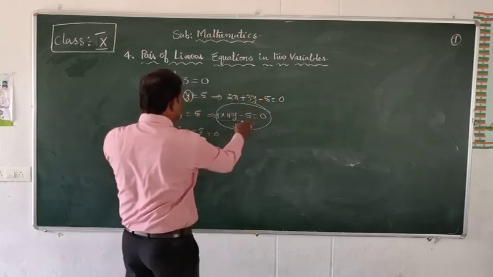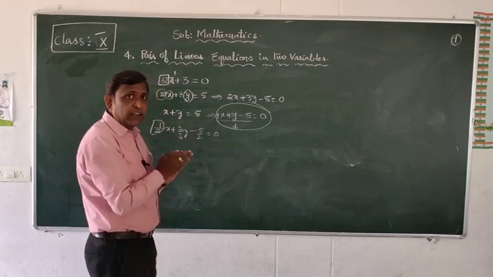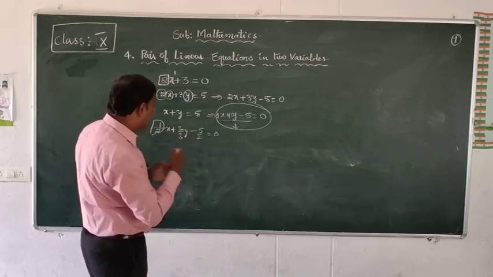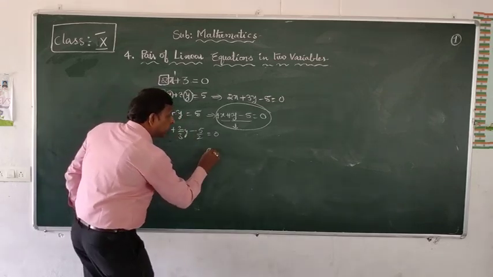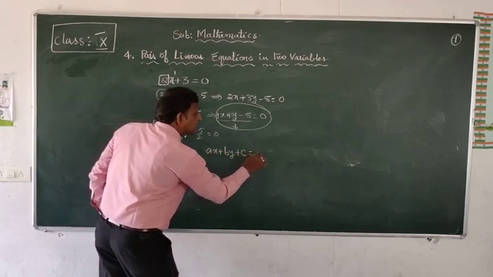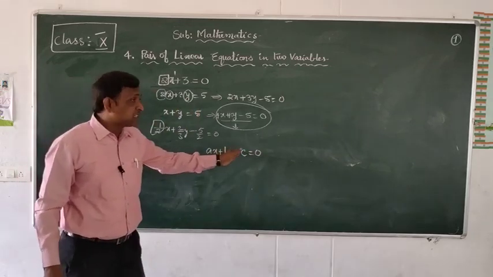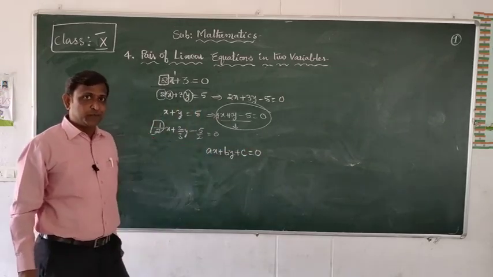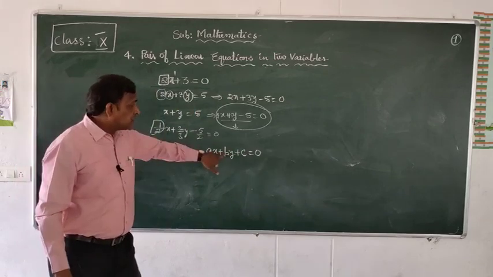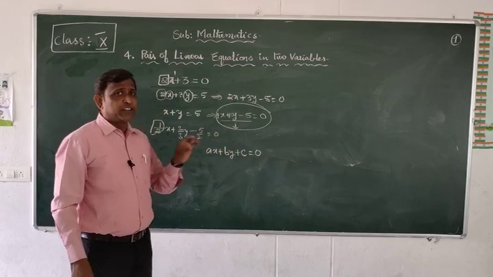After seeing all these equations, we can say very clearly each and every linear equation is in the form ax plus by plus c is equal to 0. Even sometimes when b is equal to 0 or a is equal to 0, it is also a linear equation, there is no doubt.